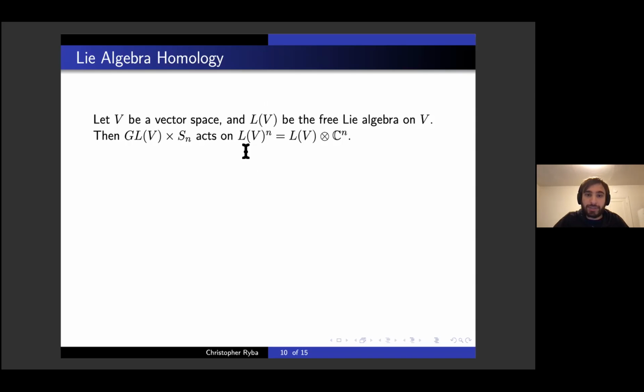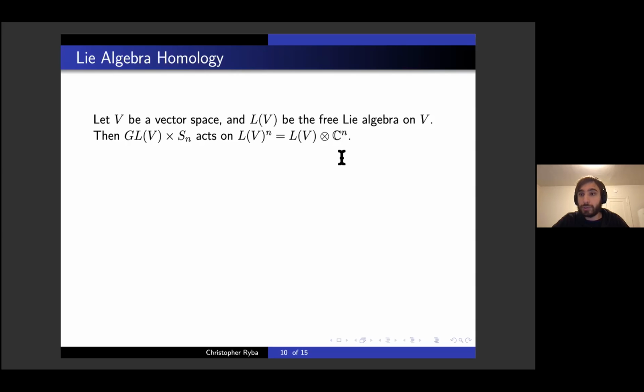Let me consider n copies of the free Lie algebra, which I'm going to write as a tensor product in this way. And the reason that I write it in two different ways is that when I consider n copies this way, it's clear that it's still a Lie algebra, just because each component is a Lie algebra. And when I write it this way, it's clear that it has an action of GLN(C), although just on this tensor factor here, although that action does not necessarily respect the Lie brackets.